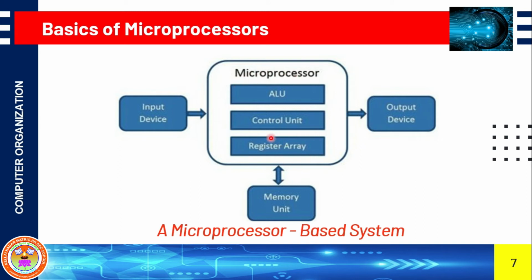Understood? Then finally, after processing everything, the result is stored in the memory unit and taken from there to send to the output device. So this is a diagrammatic or pictorial representation of the microprocessor's function. Is it understood, my dear students?